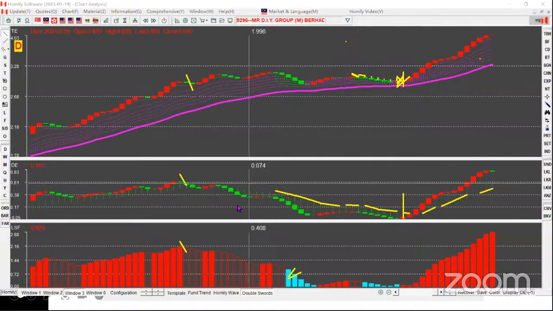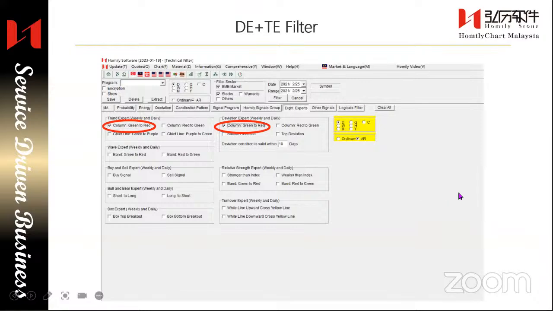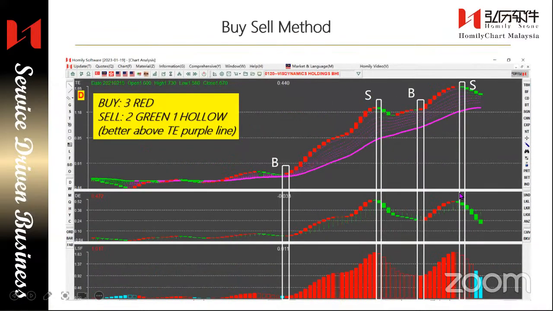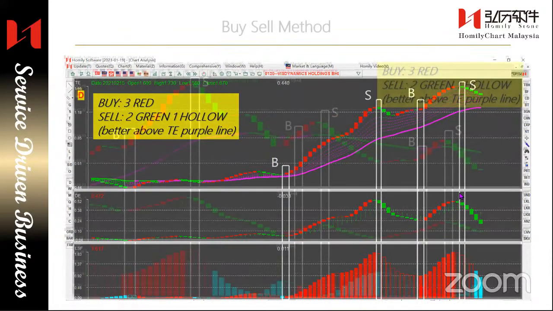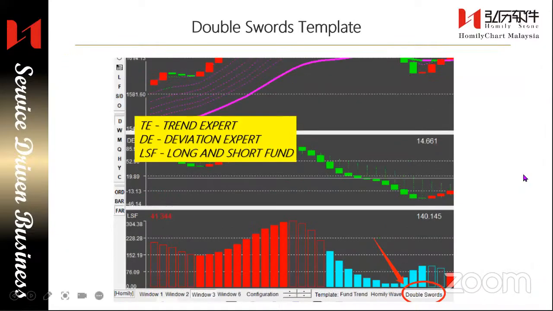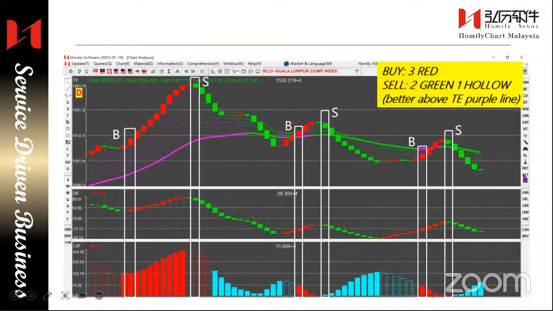Thanks for attending today's class. Here we learned the double source template. If you want to learn it simply, and you don't want it to be too complicated, you can screenshot this picture, the buy sell method. It's already enough. You click the template, then these three indicators show.